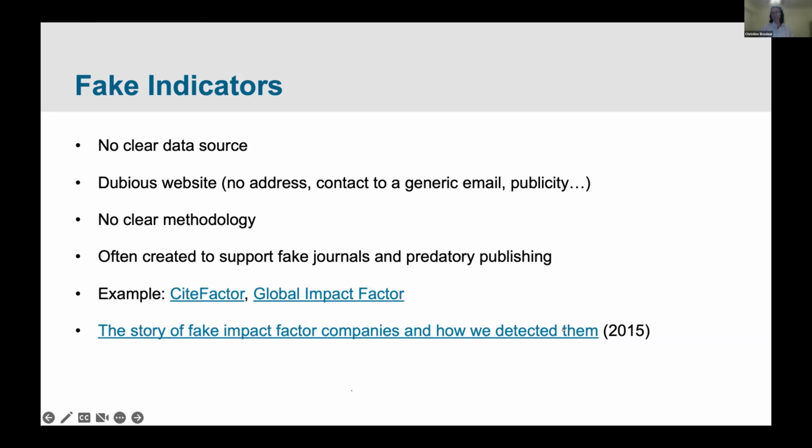And I found this article, a bit old, now 8 years, but the story of fake impact factor companies and how we detected them. So I thought that could be interesting if you want some background reading on this aspect. Any comments on the technicalities of those indicators? I know that was kind of quick, but the idea was mostly for you to get the links, and then you can go back to it if you want to really understand the math behind it.